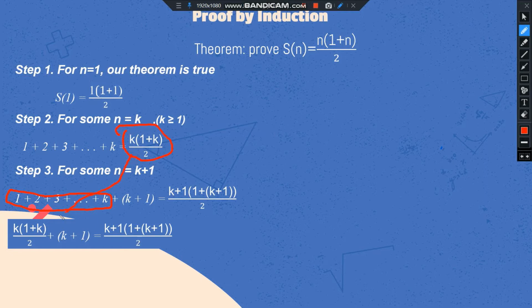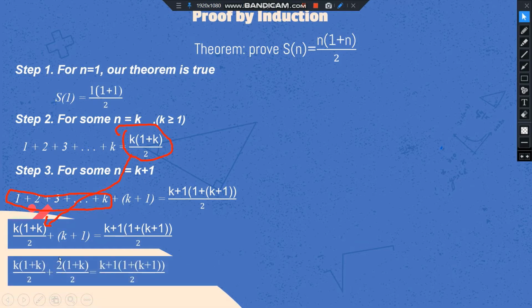So we just replace this part and put it here. And after this, that's one of the trickiest parts in proof by induction. But after this, all you need is simple algebraic manipulation to prove that these two sides are equal. And once you have proved that these two sides are equal, you have proved that the theorem works for every integer.